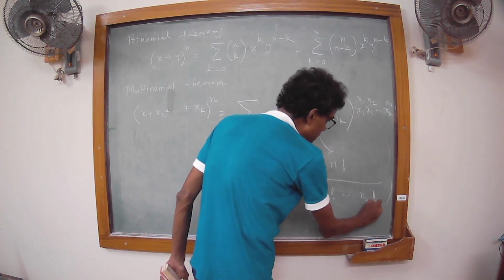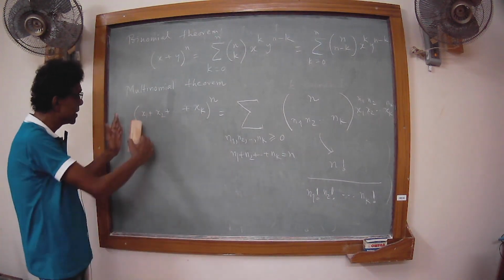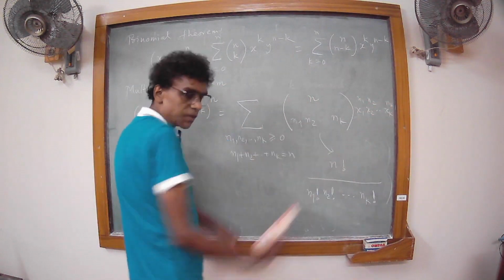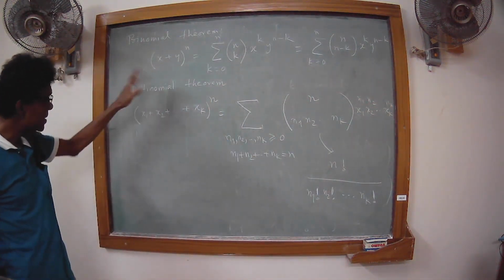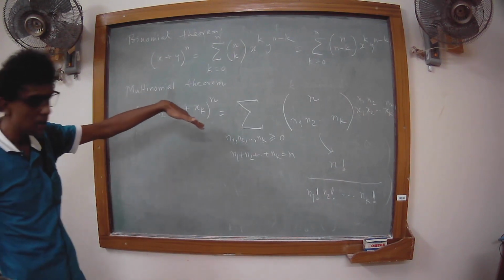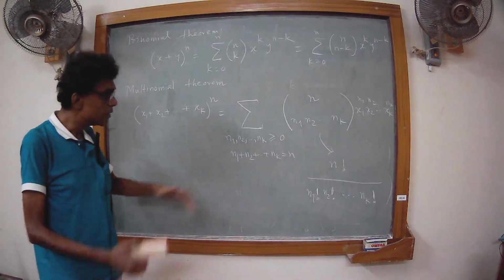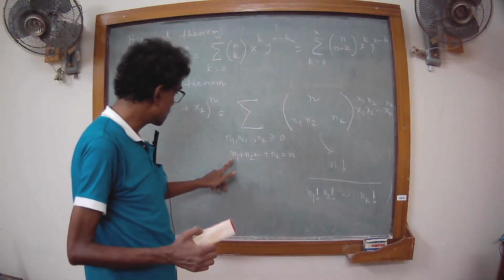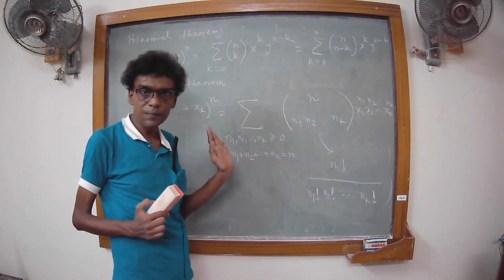Maybe you already know a proof for this, but it's not very difficult to see that if I just write it as (x1 plus x2 plus up to xk) multiplied n times, from each factor I am getting some xi. Eventually, the number of times I get x1 will become n1, the number of times I get x2 is n2, and so on.